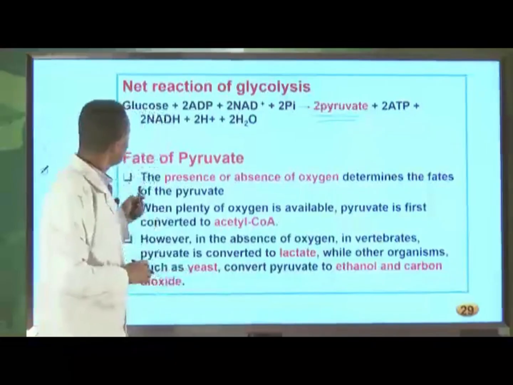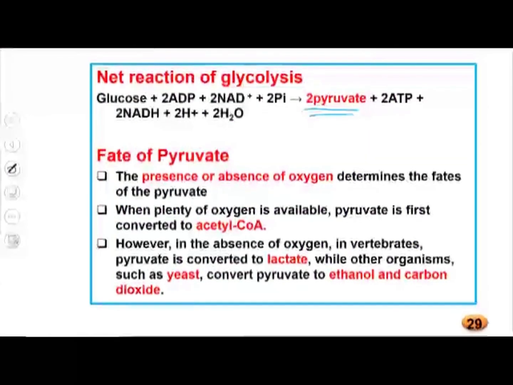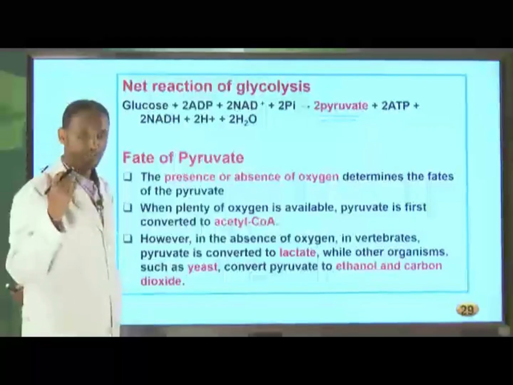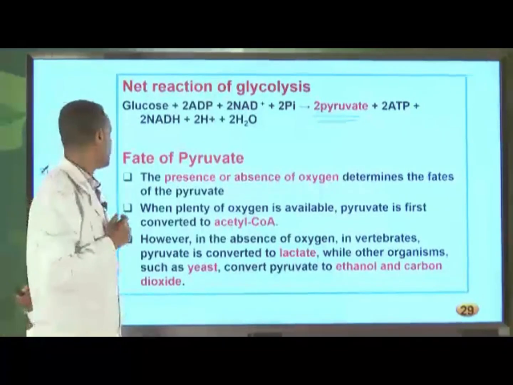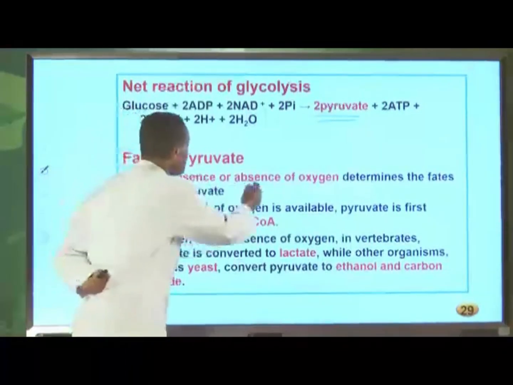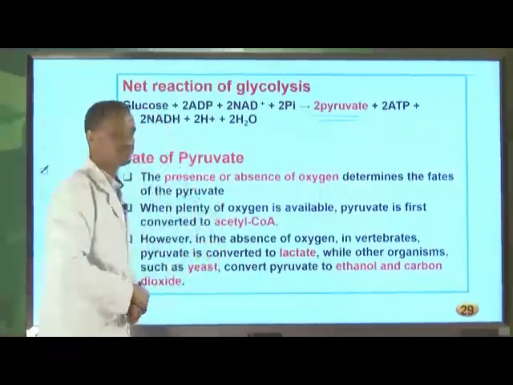The pyruvate produced in the first stage of cellular respiration, glycolysis, can undergo 3 processes. But this depends upon the presence or absence of oxygen, which determines the fate of the pyruvate.